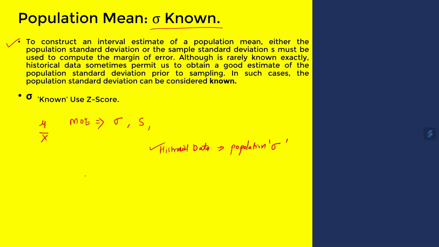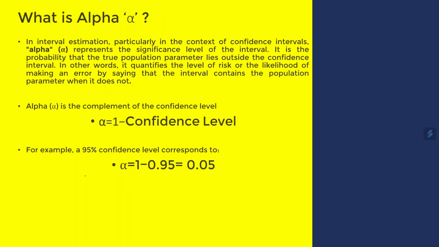Moving on. What is alpha? This is another terminology. In interval estimation, we especially use this term alpha. Particularly in the context of confidence intervals, alpha represents the significance level of the interval.